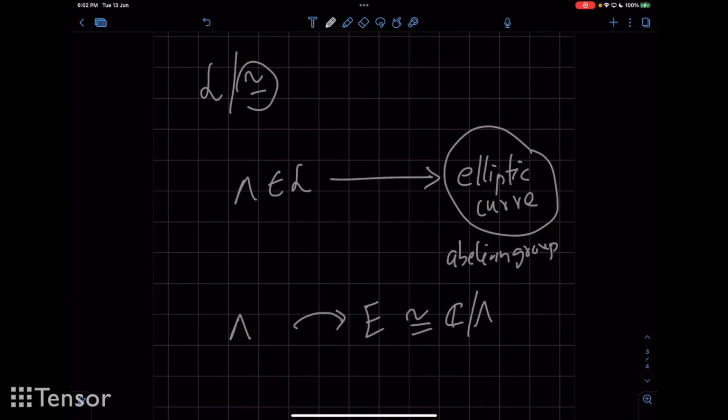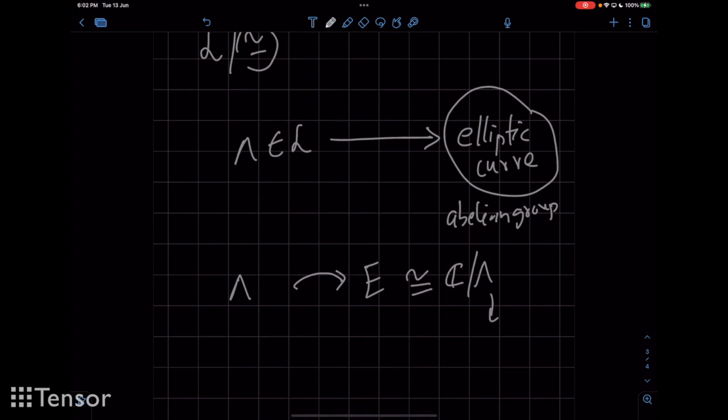So you can see that a lattice is a subgroup of C, right? Because all the elements are of the form A omega 1 plus B omega 2, where A and B are integers. So an elliptic curve that is generated from a lattice, the abelian group of that elliptic curve is isomorphic to C quotient lambda.